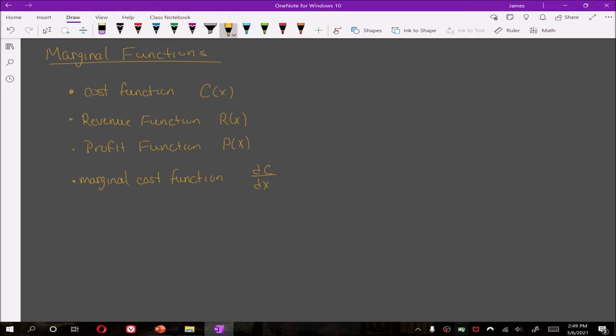And what this does is it'll give an approximation, or an approximate cost, for producing the x plus 1 item, or the x plus 1 unit.